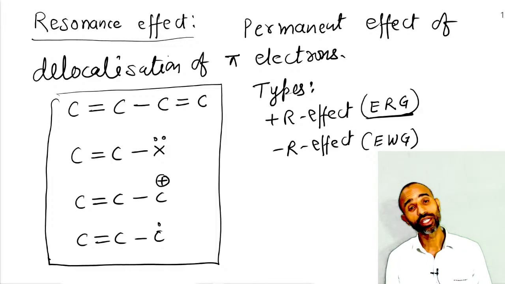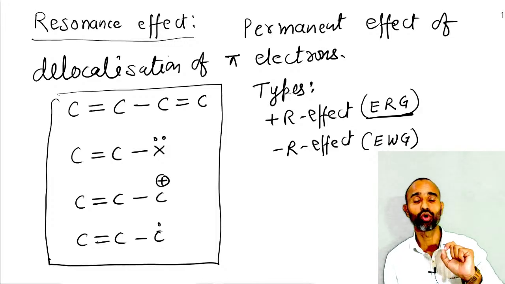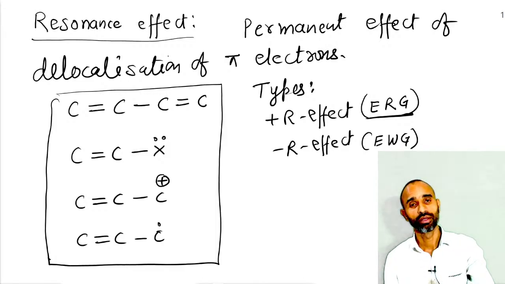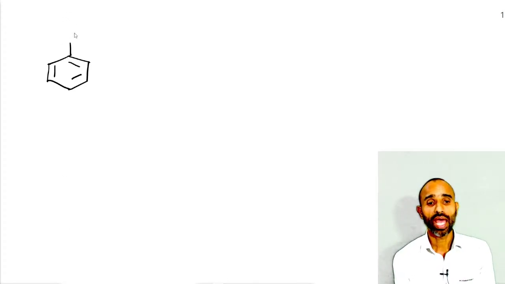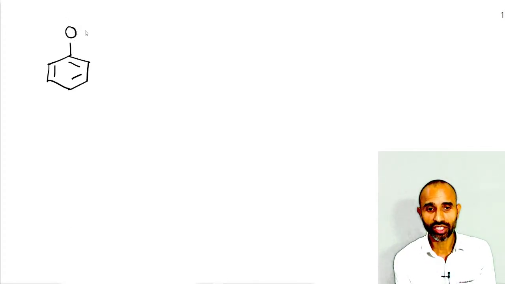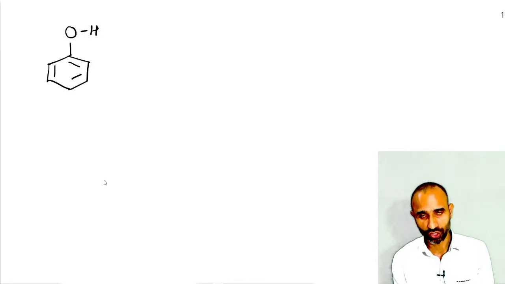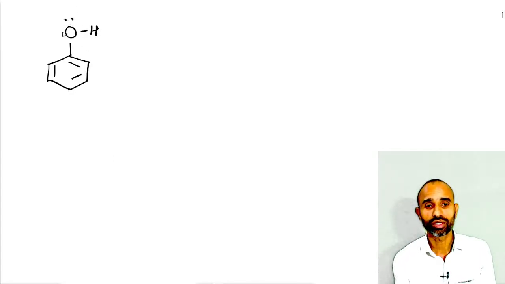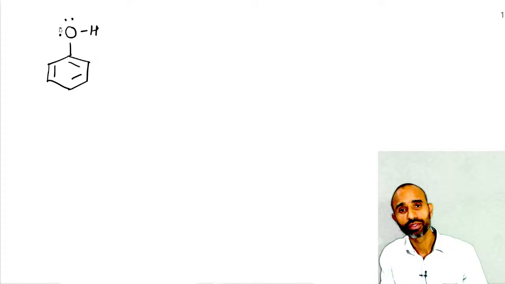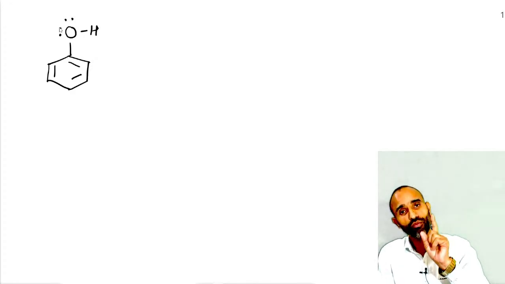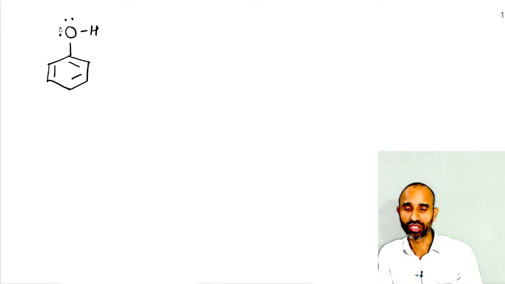Now how do we identify that this group will show plus R and the other one will show minus R? Let us take the common example of benzene. On the benzene, the atom which is directly attached to the benzene must have at least one lone pair; two lone pairs are not required. Only one lone pair can undergo resonance.